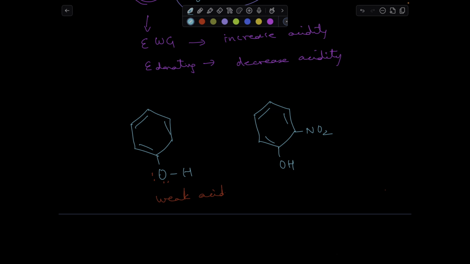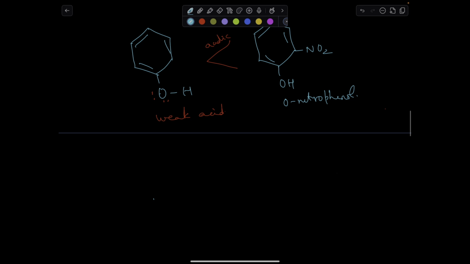So this is ortho-nitrophenol, and this is more acidic than phenol. If we add more nitro groups in the ortho position, then the acidity is increased even further.